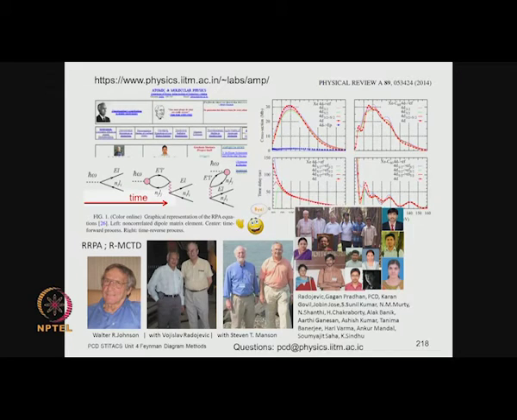This is only the set of some of the references to papers in which the relativistic random phase approximation has been used in our group here at IIT Madras, and of course in collaboration with many others, and the principal collaborators of course are Walter Johnson, whose codes we have been using. All the original codes were written by him.